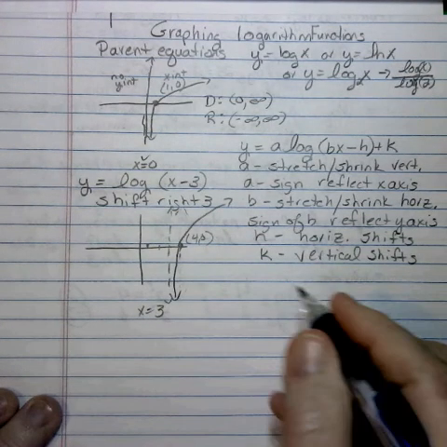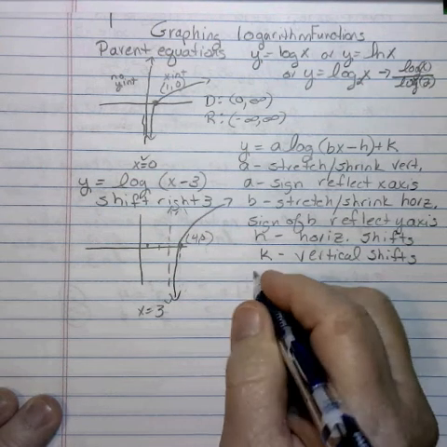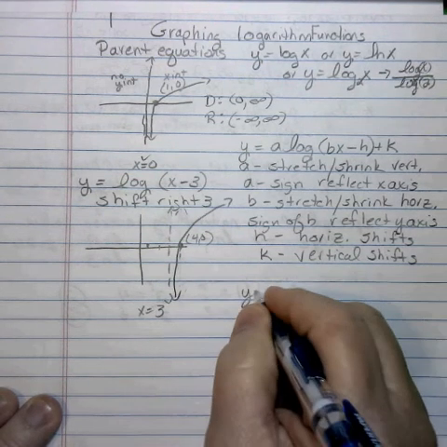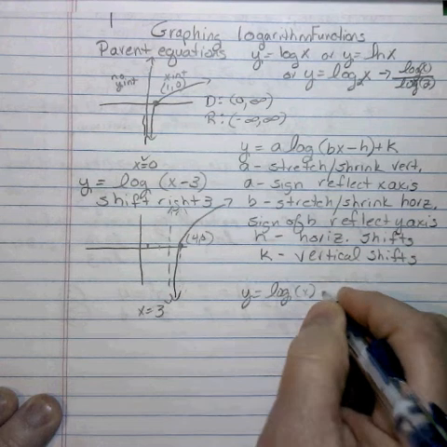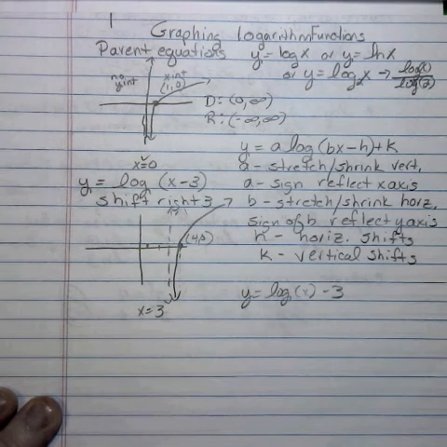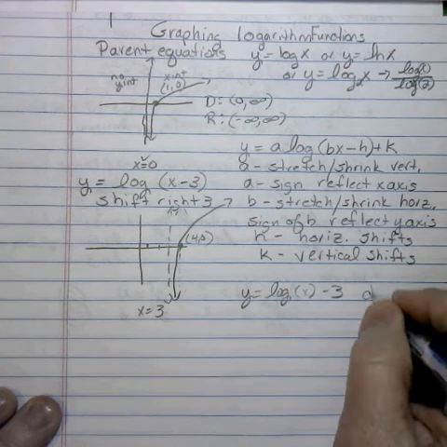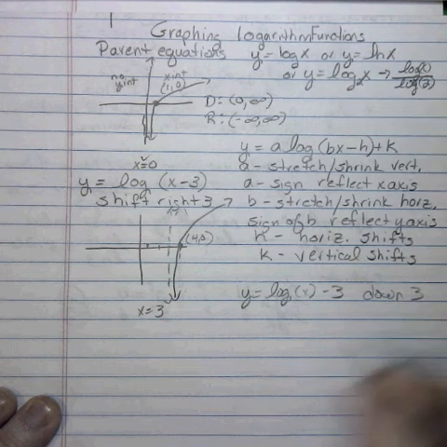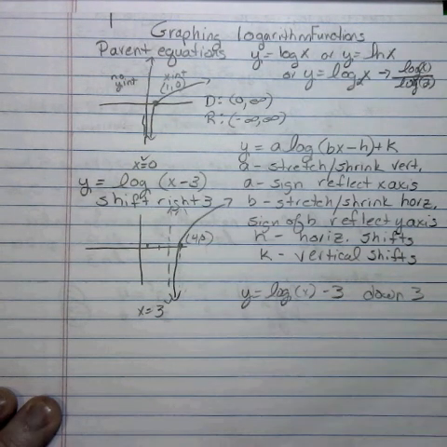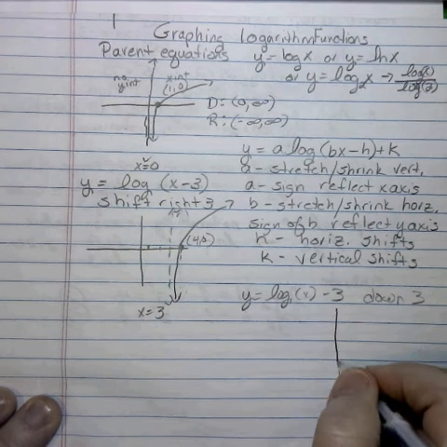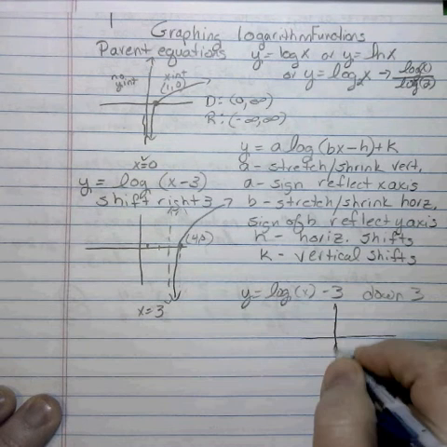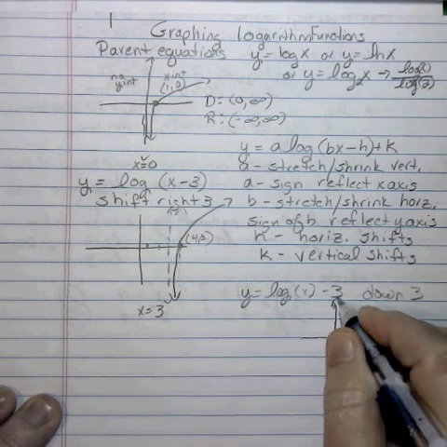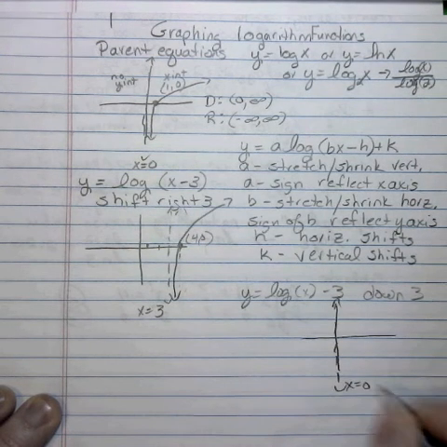So again, we have some other situations where we have y equals the log of x, minus 3. That prediction would be to shift down 3 units. That would not change the position of our asymptote. It would still be at x equals 0.